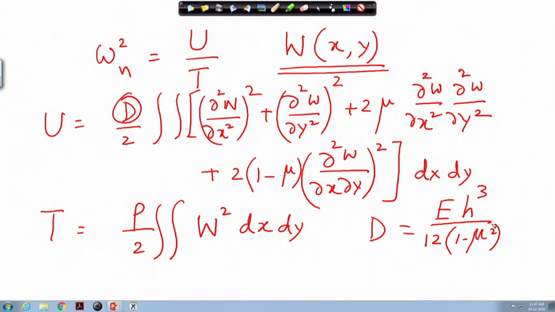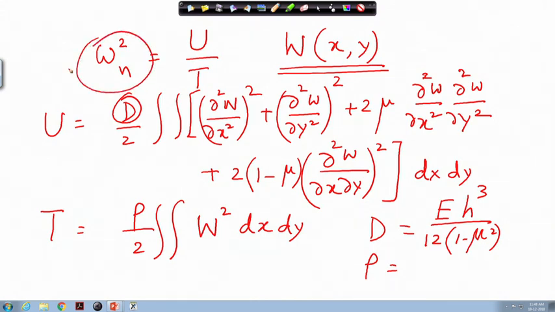This is the Poisson's ratio square. So, this is the material property, and also rho is the mass per unit area. It is not the density, it is the mass per unit area. So, if we choose this W properly, then we can find out the natural frequency square.